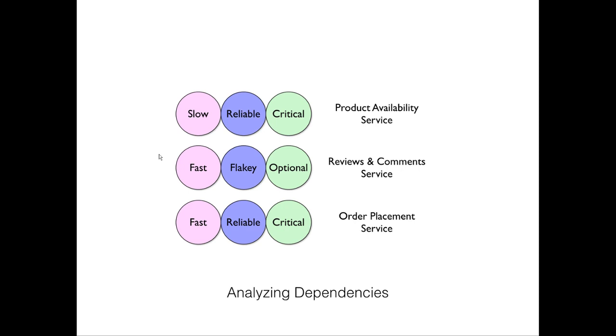Luckily, it's optional. You can trust third-party services if you'd really like to, but I recommend you just assume all third-party services are flaky and program very defensively around them. And then the last could be an order placement service, which could be very fast, very reliable, and also very critical. This is the last part of your e-commerce site that you want to fail whale: order placement.